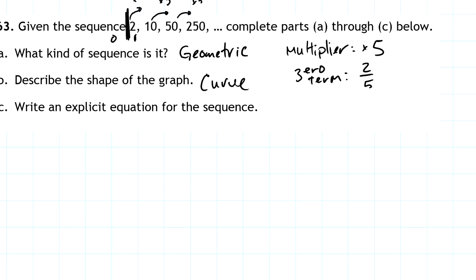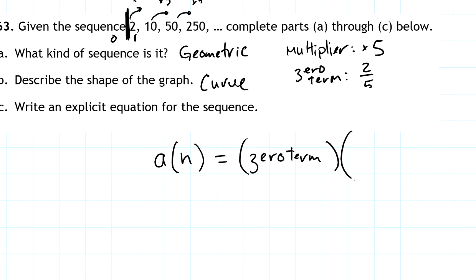And then the final question is write an explicit equation for the sequence. So I'll use function notation. I'll call this A, and I'll say the value of this sequence is A of n. In general, for a geometric sequence, it's always the value of the 0 term, and we multiply that by our common ratio.